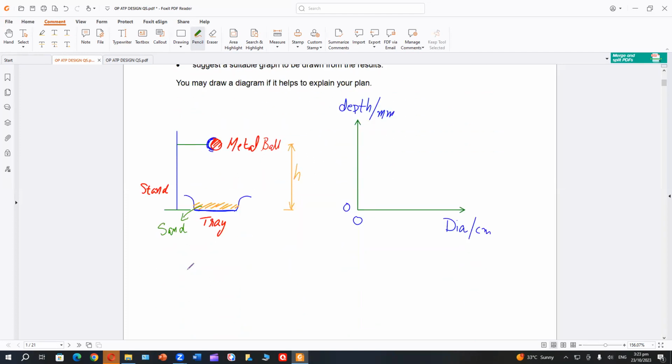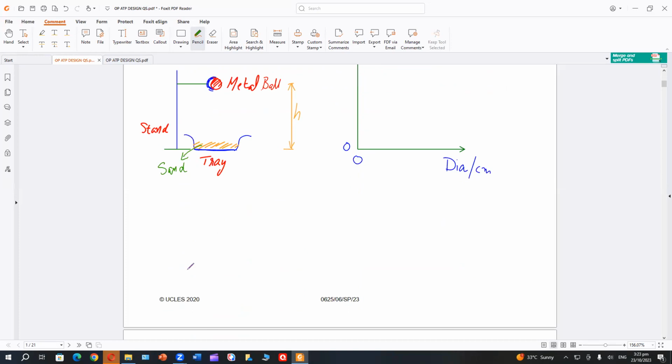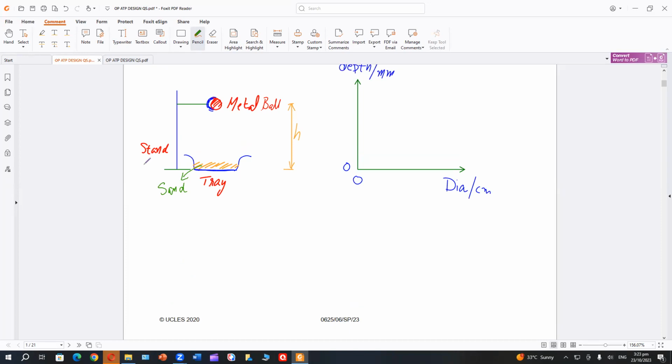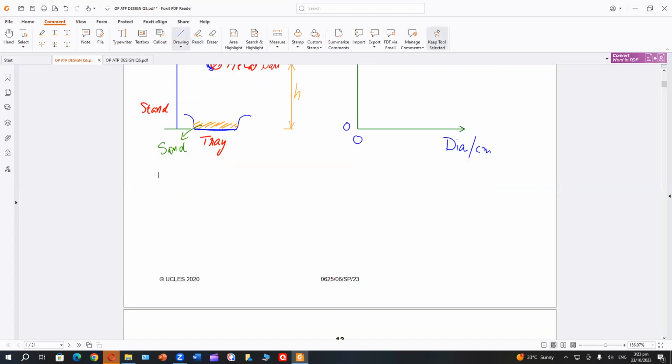Different trials are not repeated. They are recorded in a table.